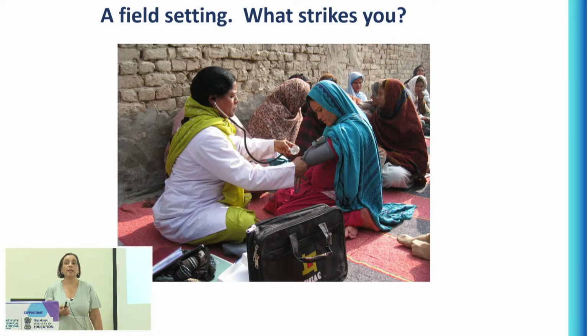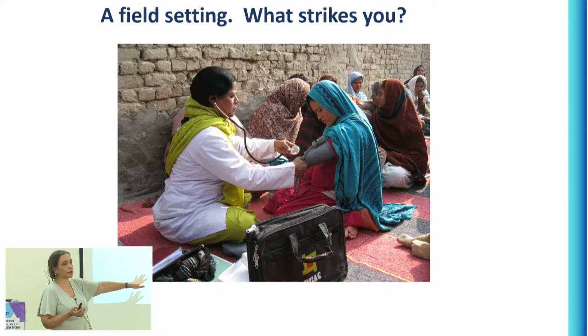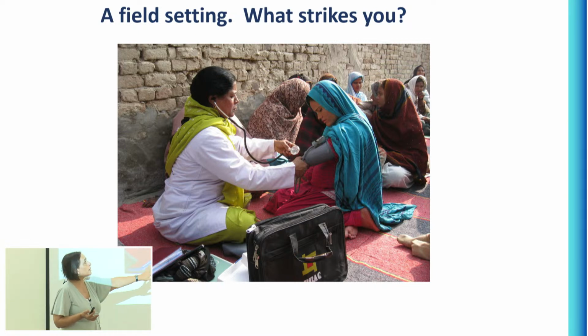Okay, so this is something we're going to be doing a lot of later on when we get into methods. Observation is the primary method we use, but we do it intuitively. What I was trying to show you is that it was very difficult for you to look at this image in a completely neutral way. You already started to tell me what was going on here. If I show this image in other countries, a lot of people immediately interpreted.